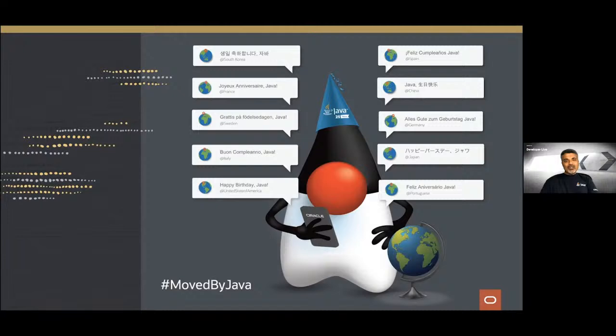And we encourage all of you to continue to express all of your stories in terms of your journey with Java such that we can all learn from it. Feel free to use the Moved by Java hashtag on social so we can understand and appreciate your journey in Java.